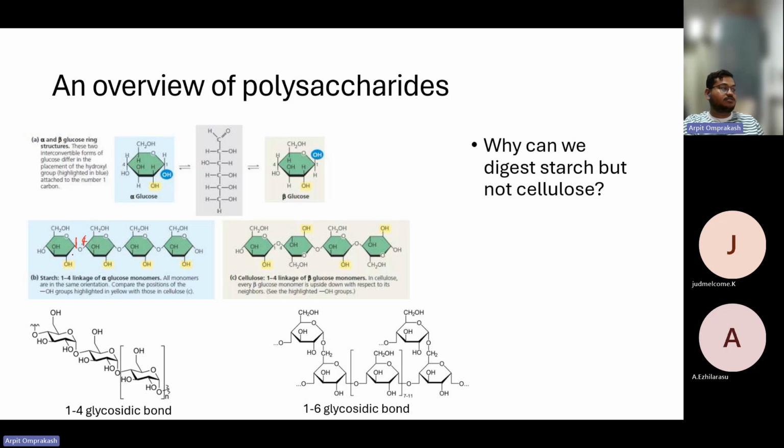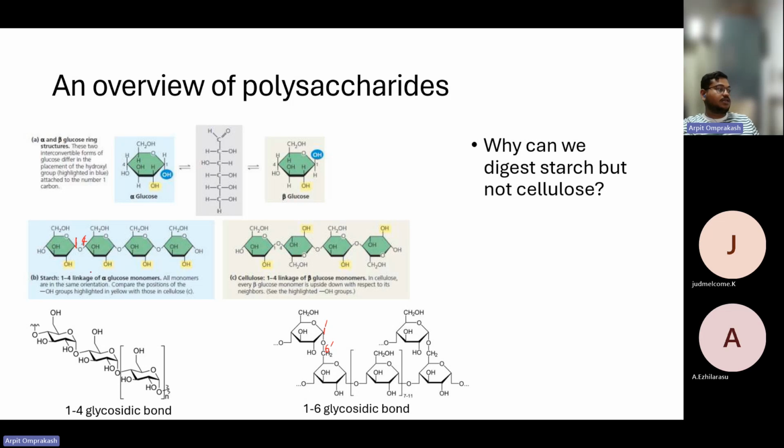These links are called 1,4 glycosidic bonds or links. Then we have the 1,6 glycosidic link, which is the 1' carbon binding to the 6' carbon. Starch is made up of 1,4 linkage of alpha glucose monomers, and cellulose is made up of 1,4 linkage of beta glucose monomers.